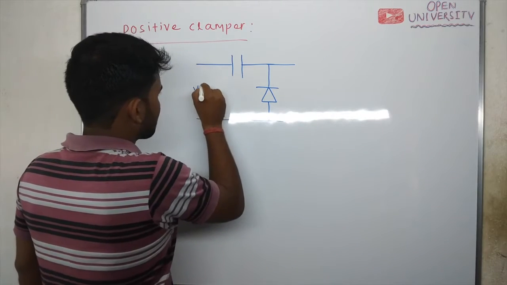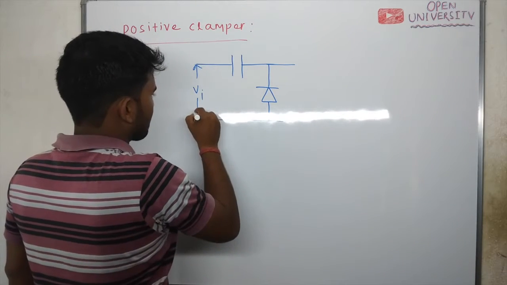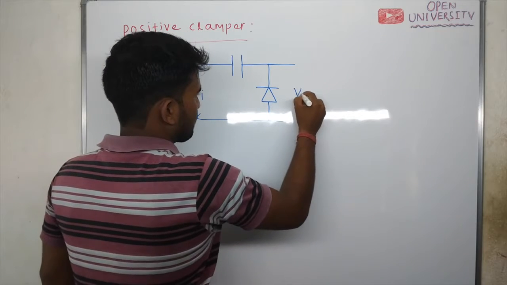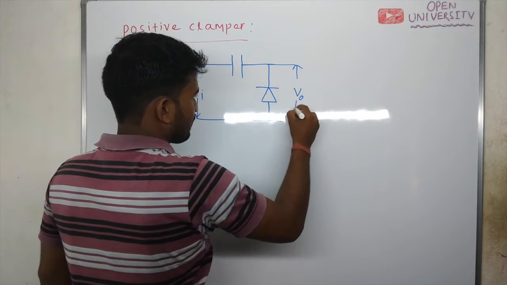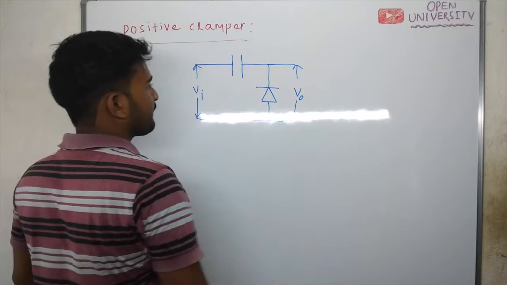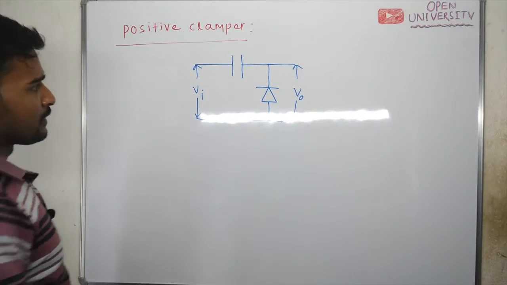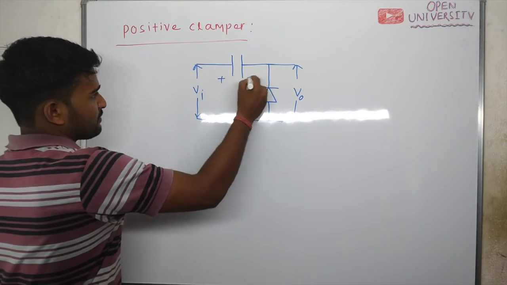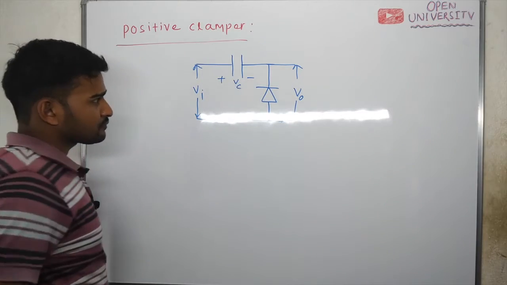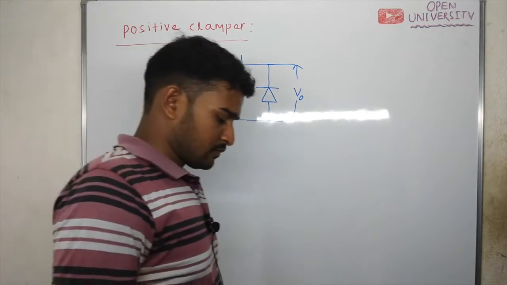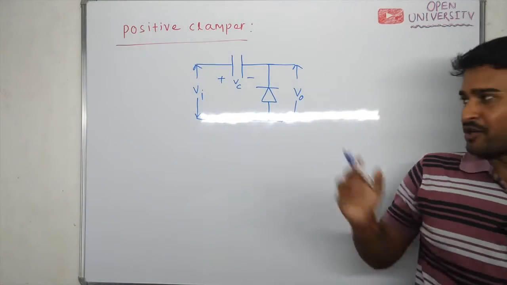This is the input voltage Vi, and this is your Vo, and this is the voltage across capacitor Vc. This is a positive clamper.